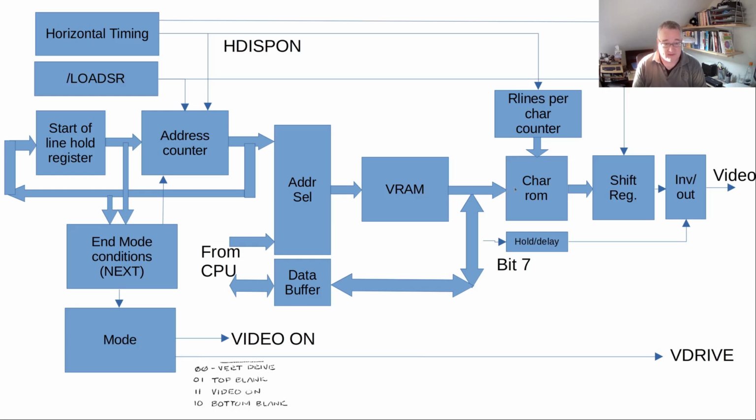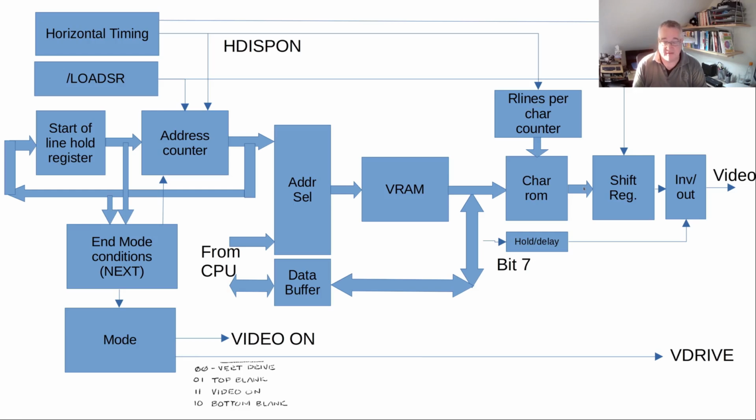We know, okay, we read from the video RAM, we read the value, say for A 65. We look into the character ROM, we are in the 1, 2, 3, 4, whatever raster line of that character.